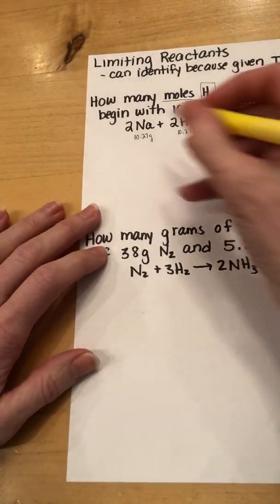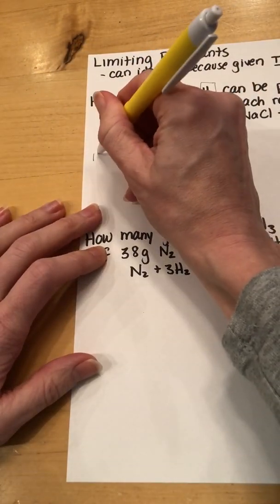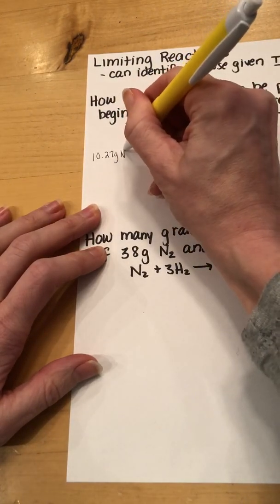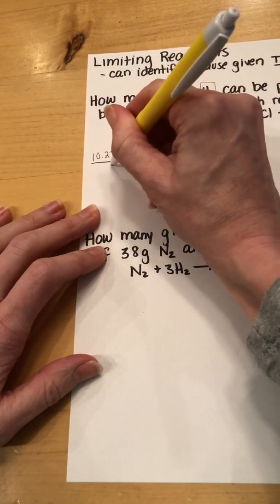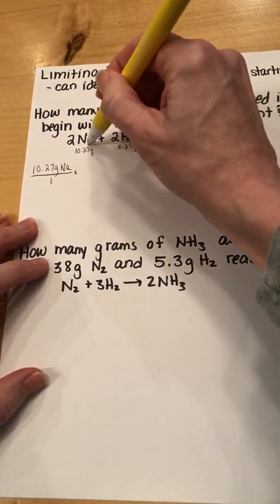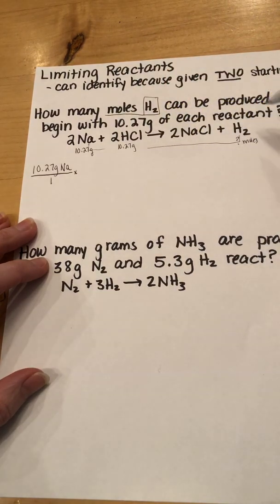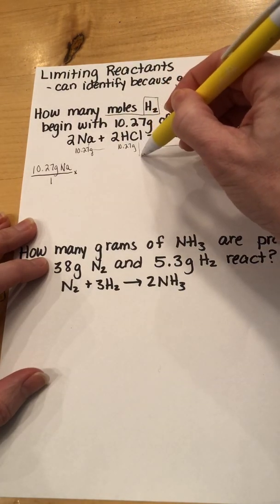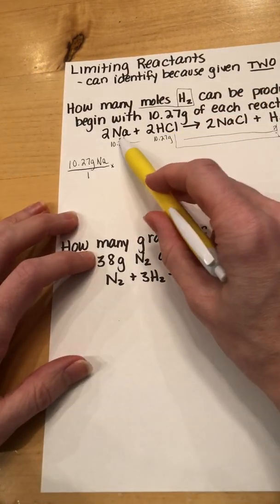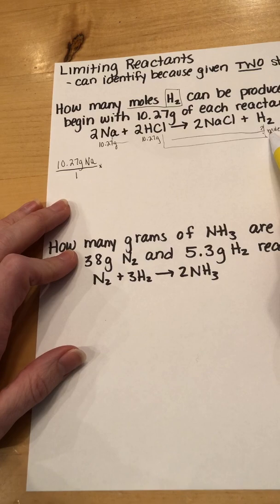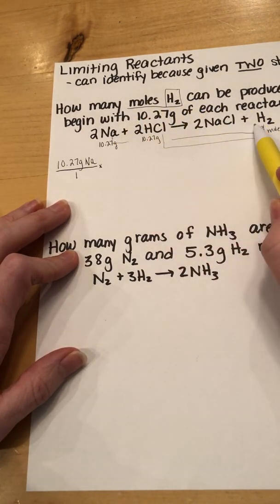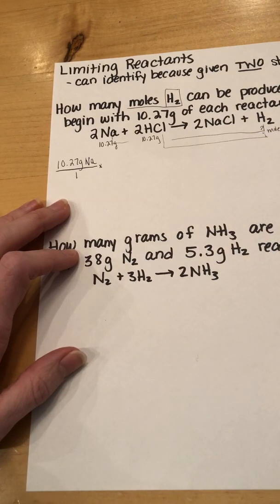So the first one we'll look at is the sodium. So we'll go ahead and start our problem with 10.27 grams of sodium. And we are going to do these separately. I'm going to convert sodium over to the hydrogen, and then my second problem will be converting the HCl over to the hydrogen. So since I want to convert sodium to hydrogen, like we talked about, the only step that's going to allow me to change from sodium to hydrogen is the mole ratio step.